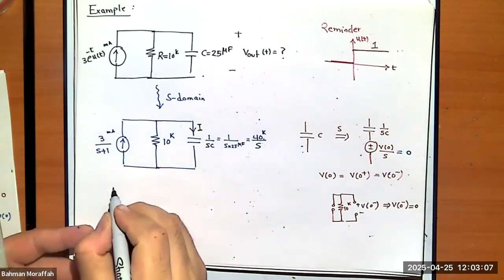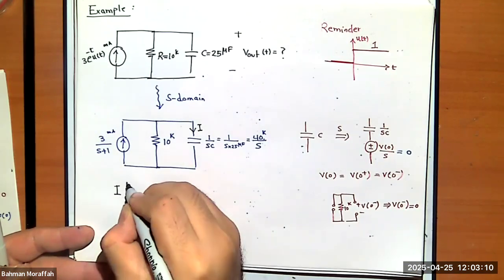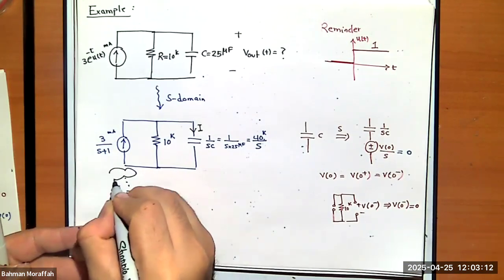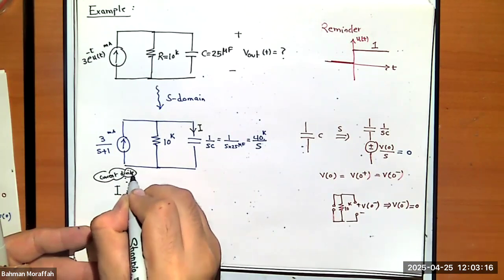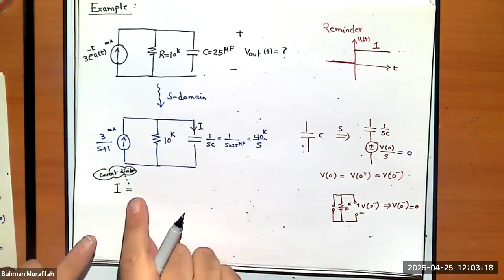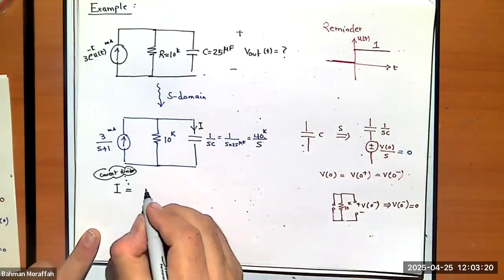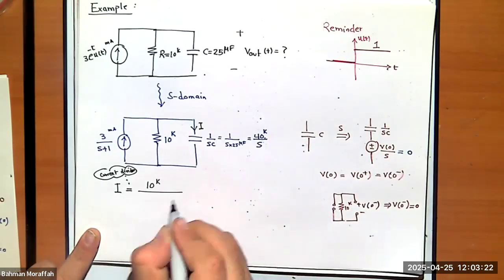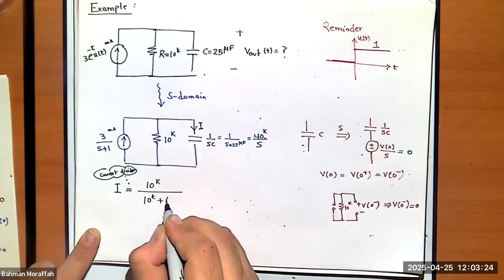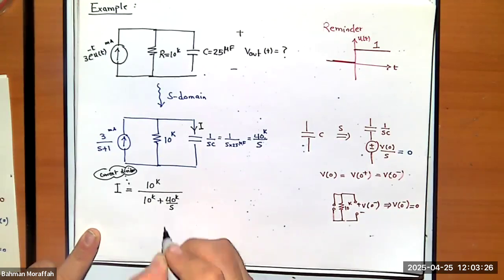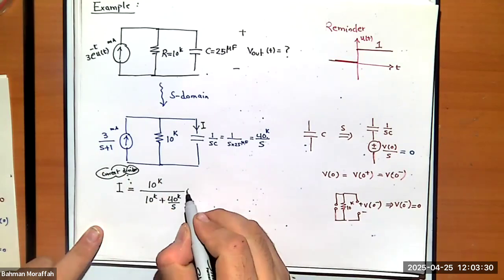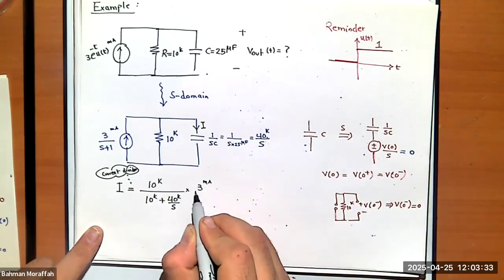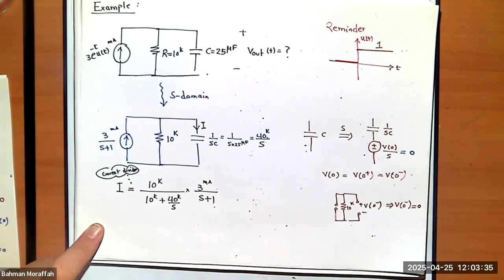So I'm going to use current divider. This I is proportional to this 10K divided by 10K plus 40K over S times my source, right? Which is 3 milliamps divided by S plus 1.